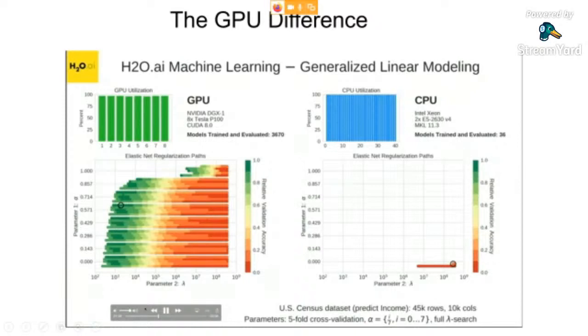It's a moot point what year, but that was the model. If we go over to the left, we see a GPU server, in this case NVIDIA's own DGX-1 with 8 of their Tesla P100 GPUs. In the same amount of time, it trained 3,600.